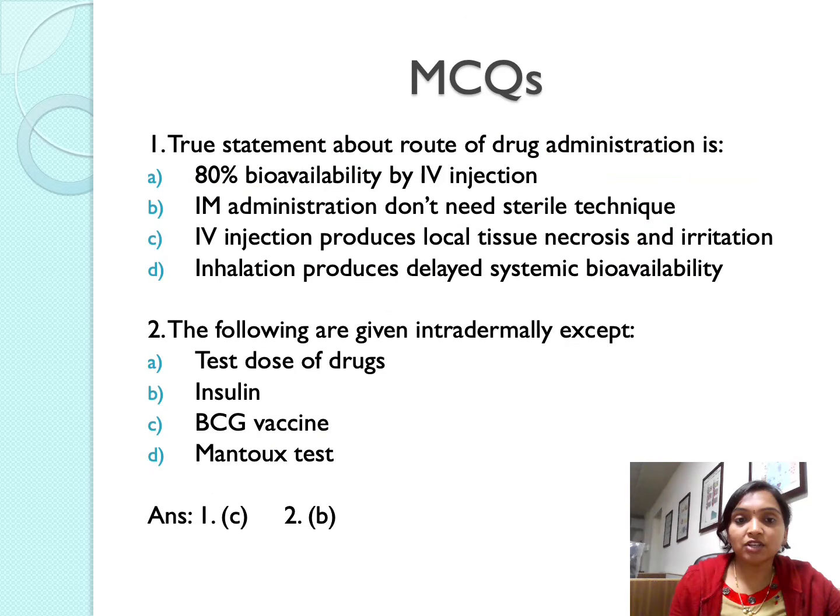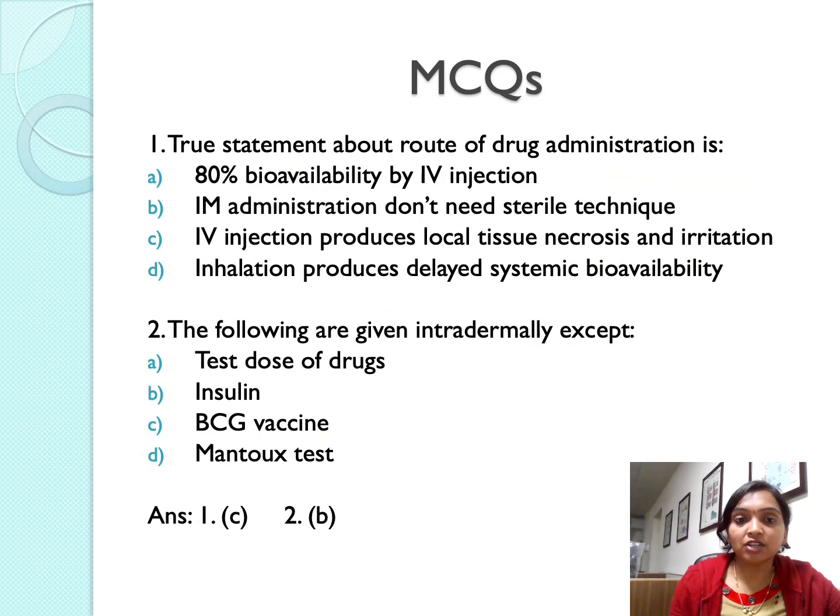Inhalation produces delayed systemic bioavailability. So all the statements are wrong. IV bioavailability is 100%. IM will need sterilization. IV can produce local tissue necrosis and irritation. Inhalation will improve systemic absorption per se. So the answer here is C.